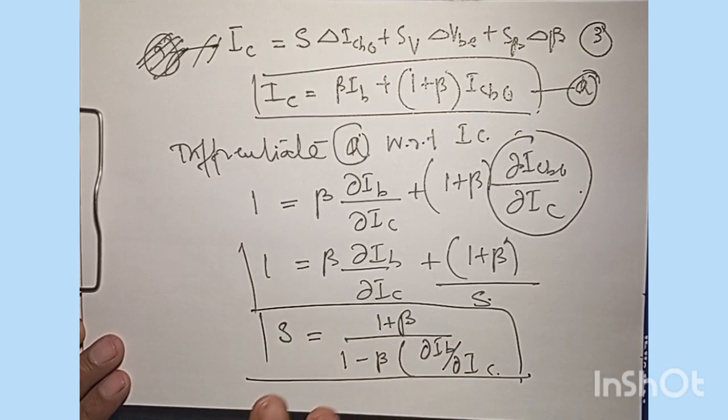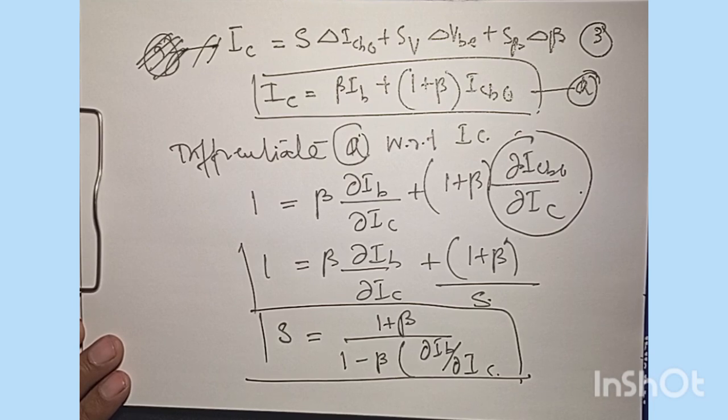So this equation gives me the measure of the stability of the transistor. We can understand what the various parameters are that the stability of that configuration, the stability of the circuit where we are making use of a transistor, depends on.